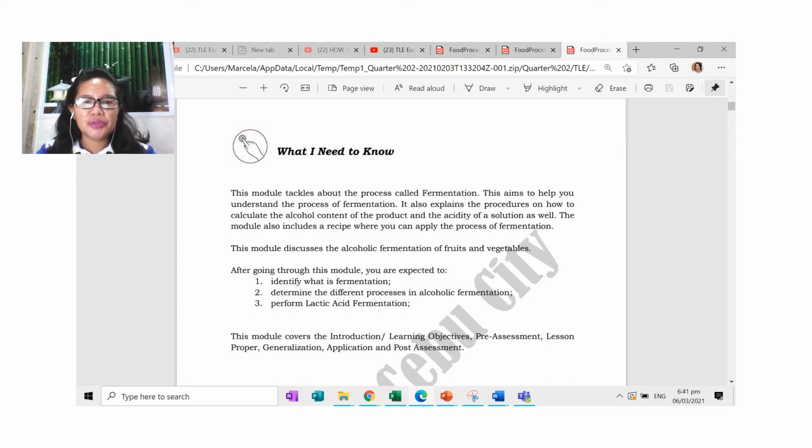This module covers the introduction, the learning objectives, pre-assessment, the lesson proper, the generalization, application, and post-assessment.